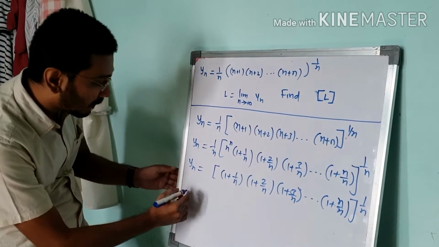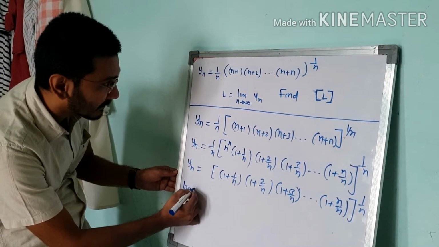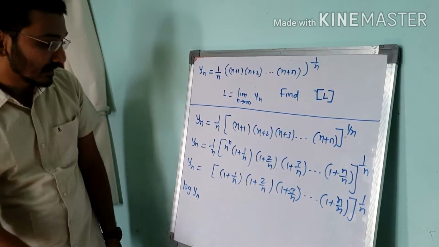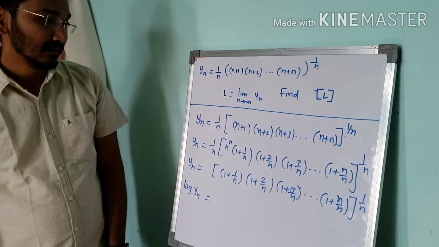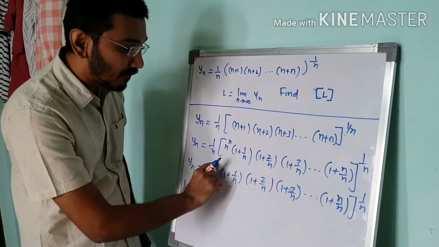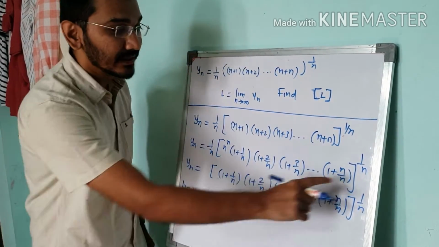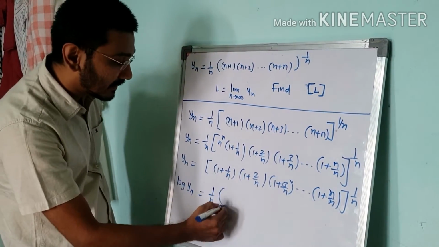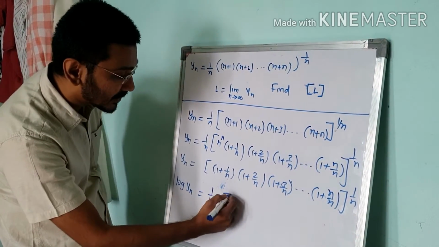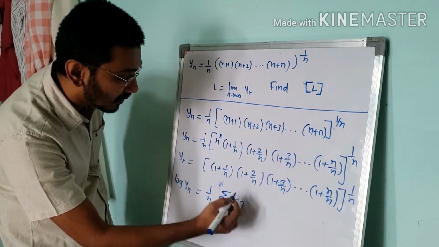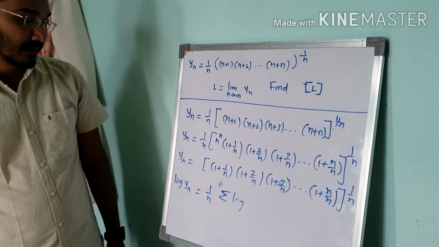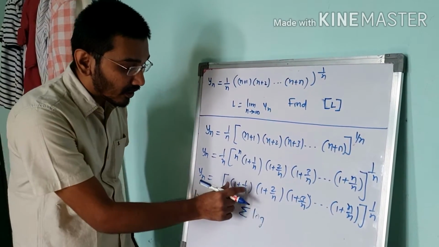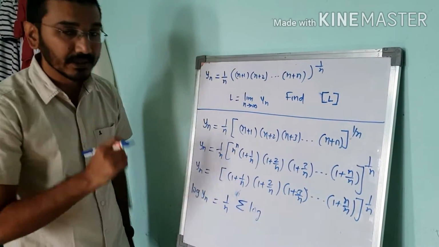So if I take log of yn, I would get log of all these terms raised to 1 by n. So this 1 by n gets multiplied here, and I get the summation of the log of each term.